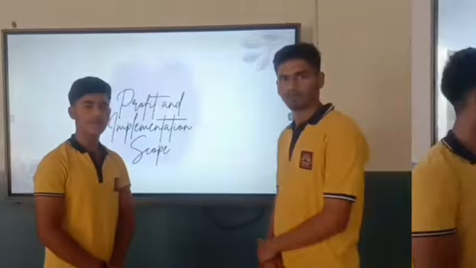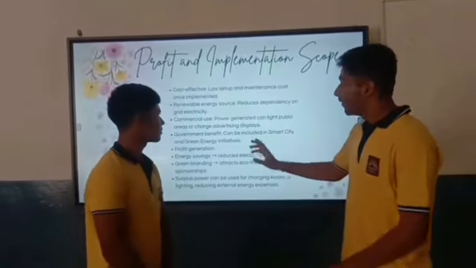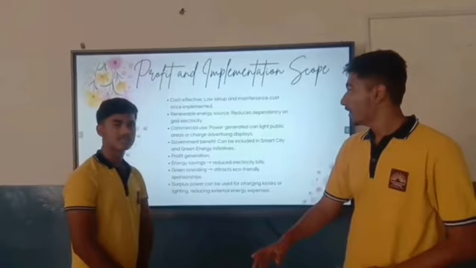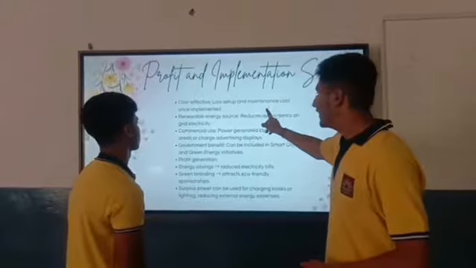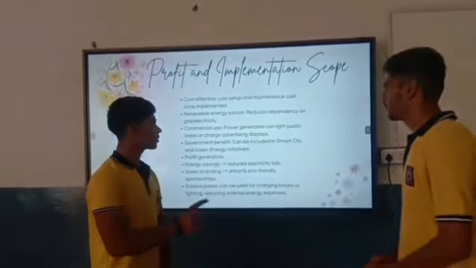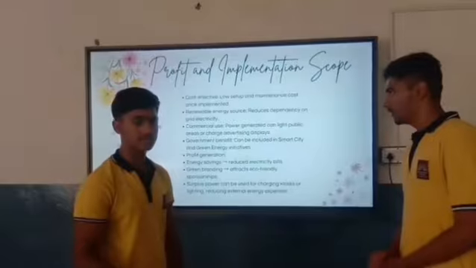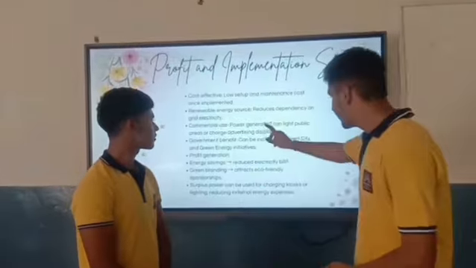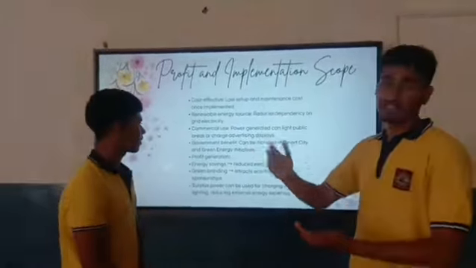Now let's move on to profit and implementation scope. Why this project? Because it is cost effective, with low setup and maintenance cost once implemented. It is a renewable energy source that reduces dependency on grid electricity. Commercial use: power generated can light public areas or charge advertising displays.